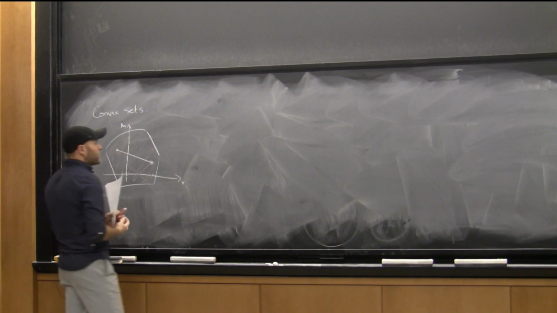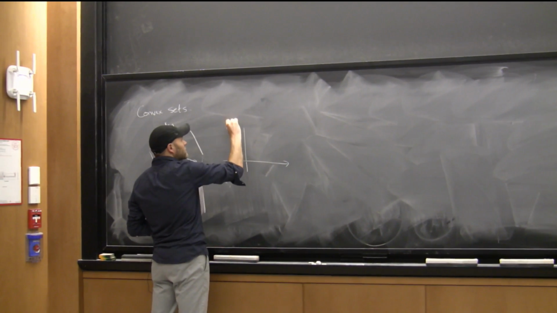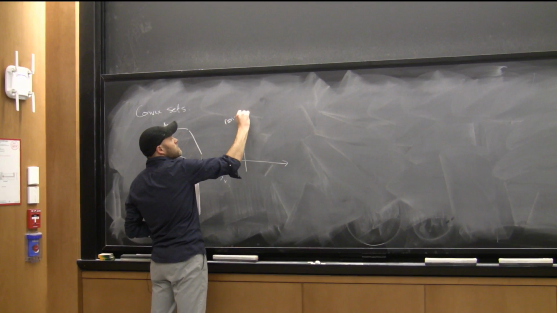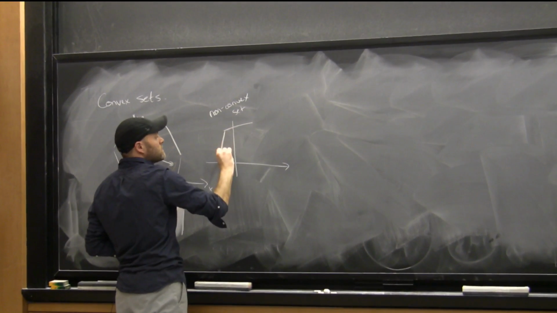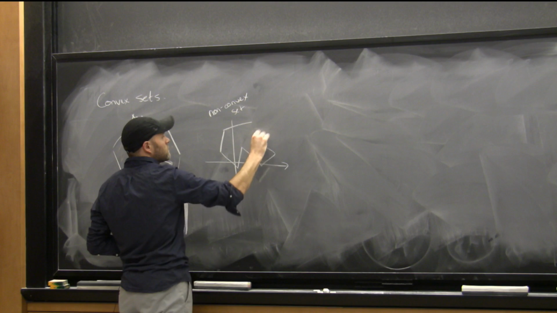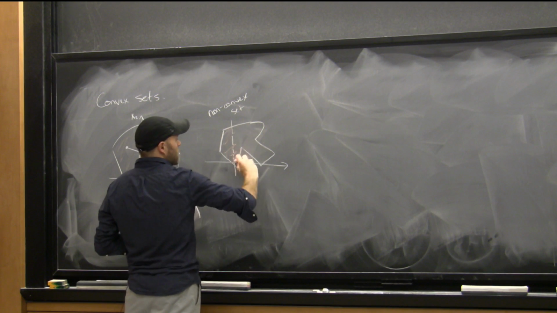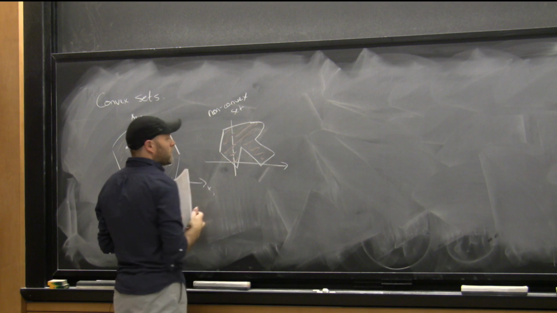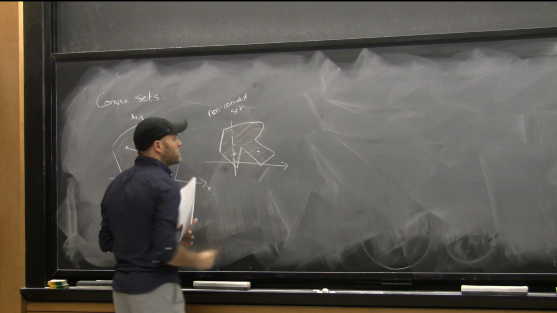And a non-convex set might look like this, where if there's points like here, then the line segment leaves the set.